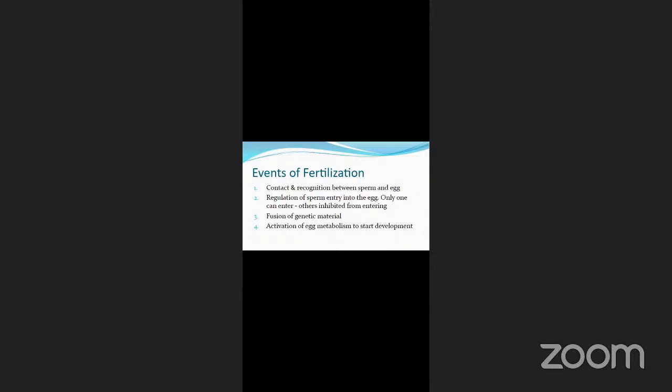There are certain mechanisms which prevent fertilization of the egg by multiple sperms, so only one sperm can fertilize the egg. How is it regulated? That is one thing. And once the sperm fertilizes the egg, there will be a fusion of genetic material, and the egg also becomes activated and metabolism starts. So these are the events that take place.